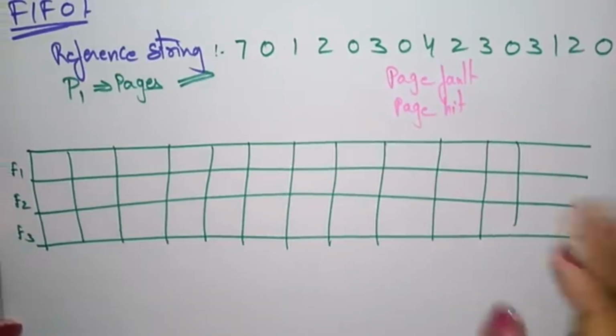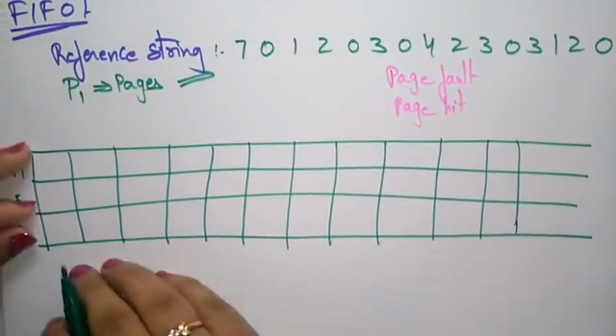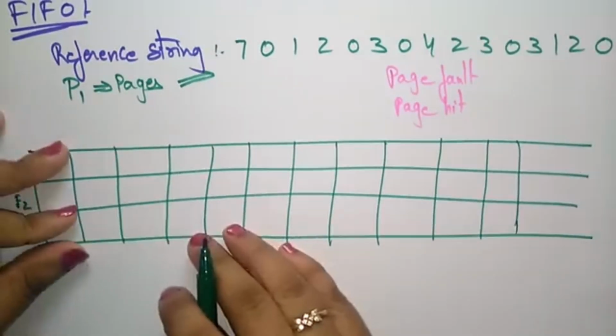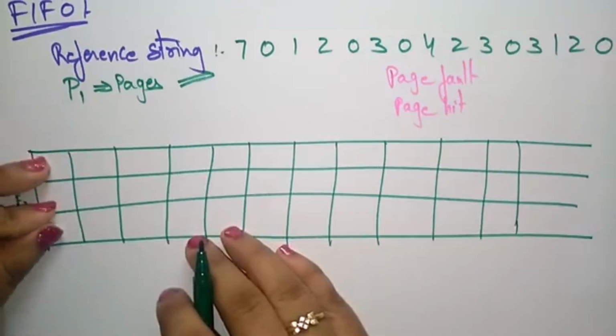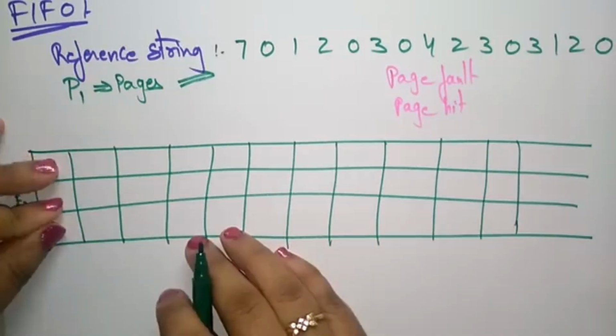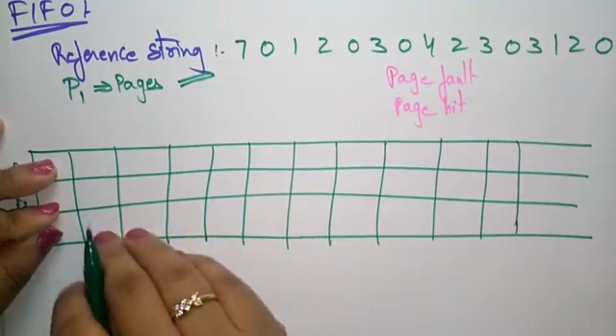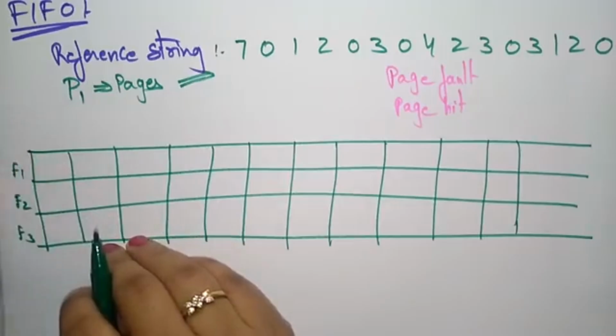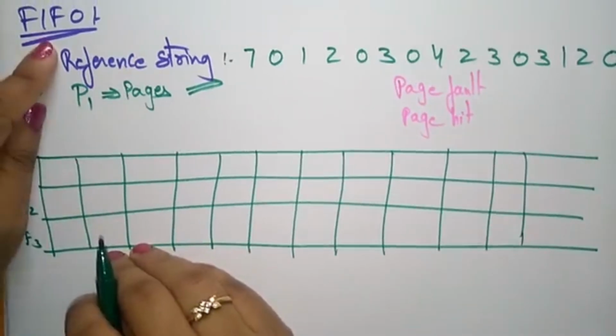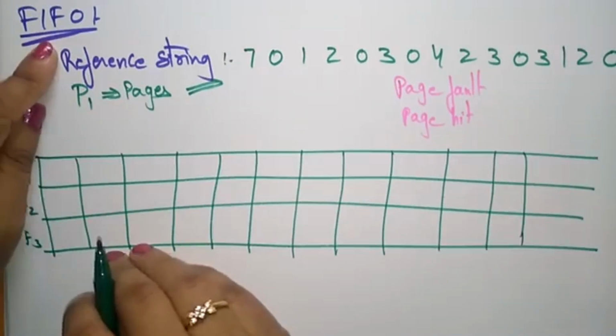Don't be confused, see it clearly. So the main memory can hold only 3 pages. If you want to store another page, it has to be replaced. How is it replaced? By following the concept first in, first out.